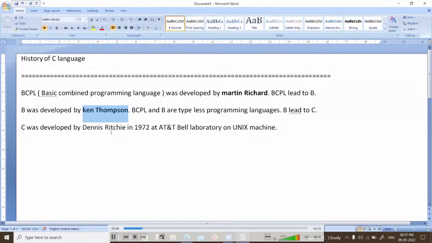Now this is the sample C program. This line is called the include statement. This is called the main method, or main function. The code important to your program is known as processing statements.